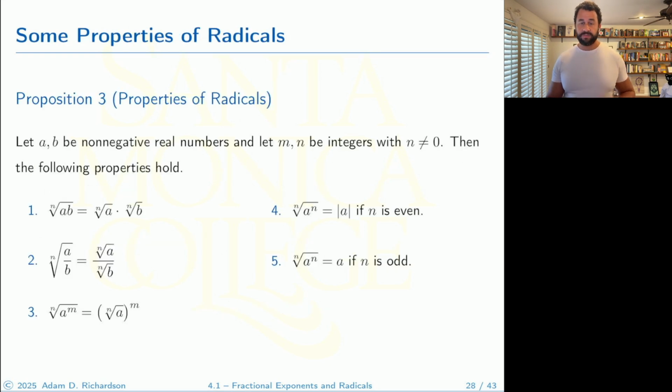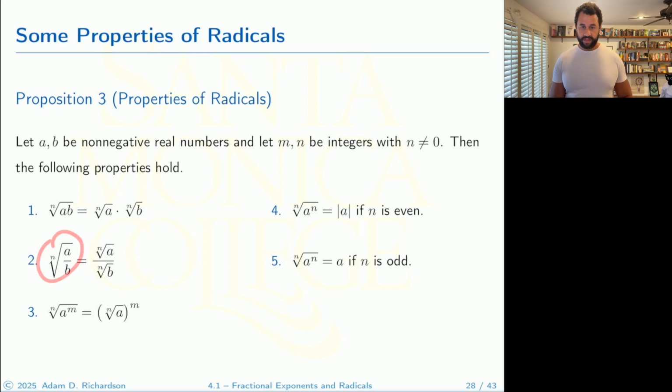Okay, so here are some properties of radicals. We've used a few of these already, but there's a couple new ones here that I want to talk about for a sec. Let's just stick to non-negative real numbers, and we're going to let m and n be integers with n not equal to 0. Then the following properties hold. The nth root of ab equals the nth root of a times the nth root of b.